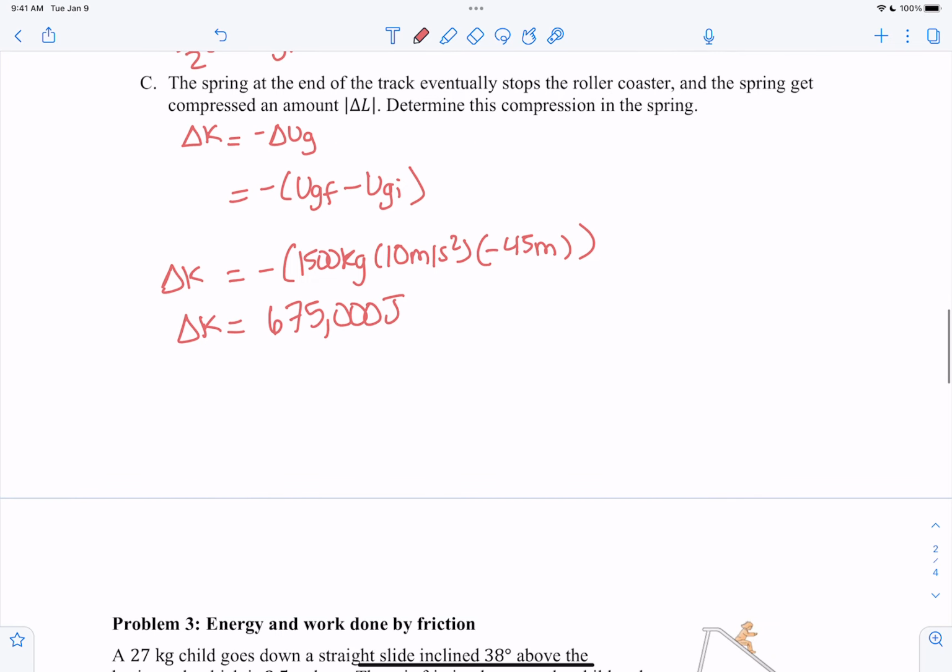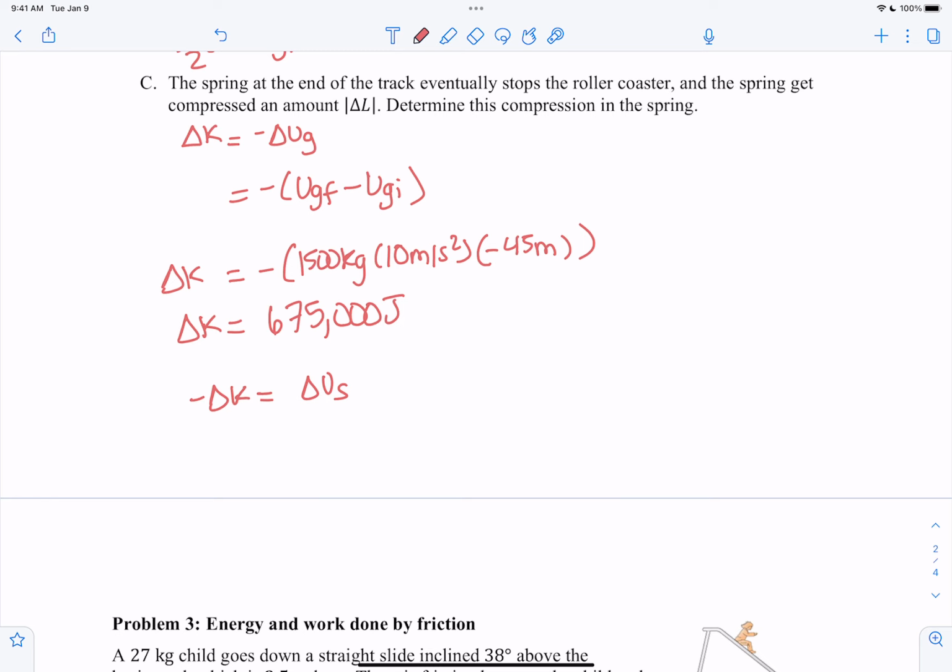So that means delta K should be equal to negative US, right? The increase that I see in my kinetic, or the decrease that I see in my kinetic, my bad. And this should actually be the other way around. So negative delta K should equal your positive US, right?